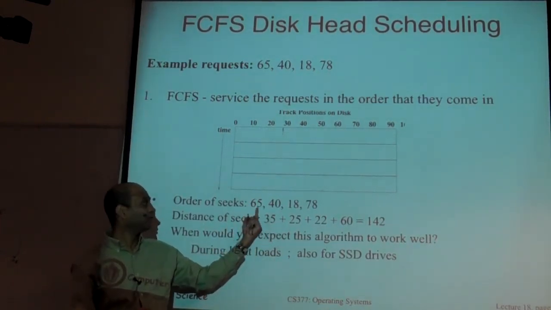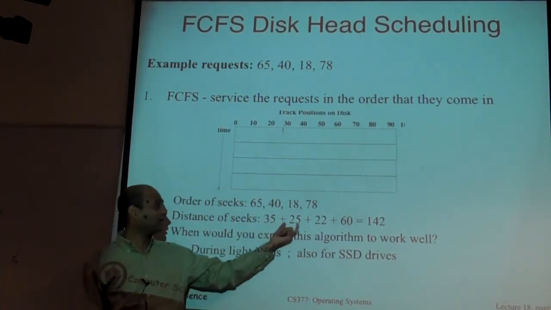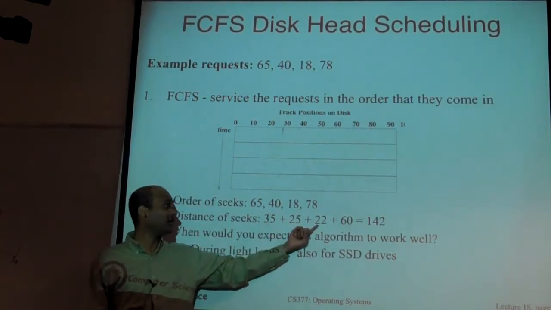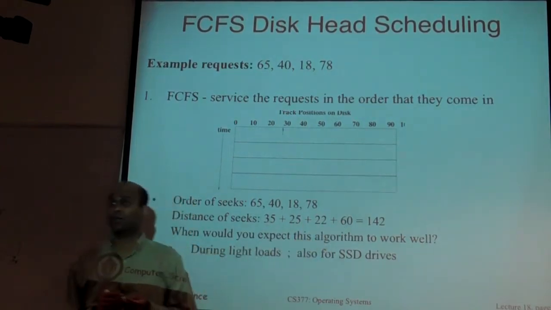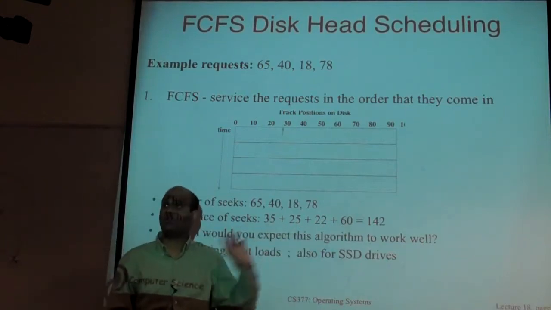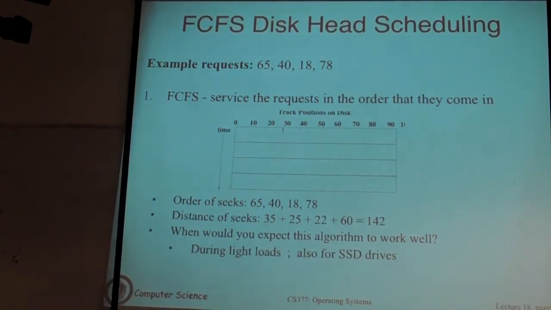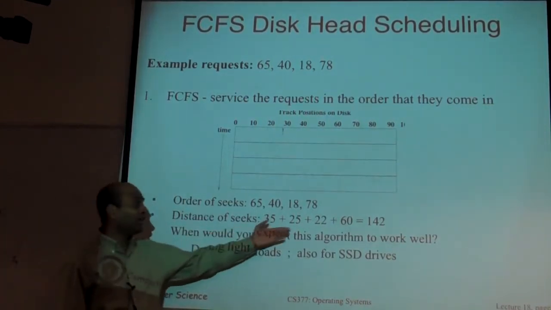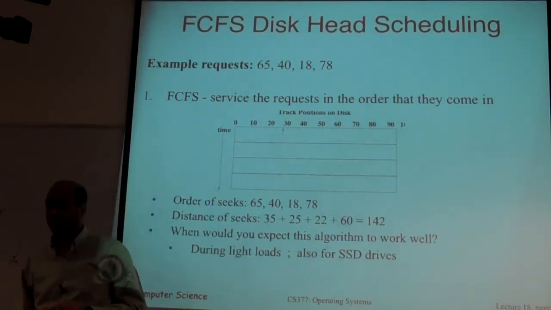Then you go from track 65 back to 40, which requires you to traverse 25 tracks, and then from 40 to 18, it's 22 tracks, and then a long seek from 18 to 78, that's 60 tracks. So in scheduling these requests, you traverse a total of 142 tracks. That is the seek overhead in terms of tracks, not in terms of time. You can translate that to time, but we'll ignore that for now. So FCFS scheduling incurred 142 track seeks to service those 4 requests.